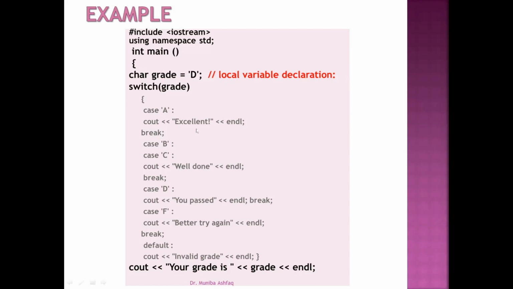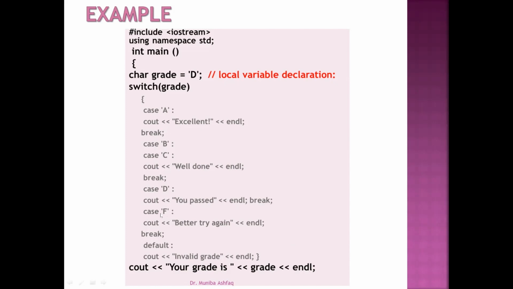But if it doesn't match, what will happen? It will check other cases, whether it's case B or case C. For both the cases, we print on the screen well done, and then break. Then if the case is D, it will display you passed.